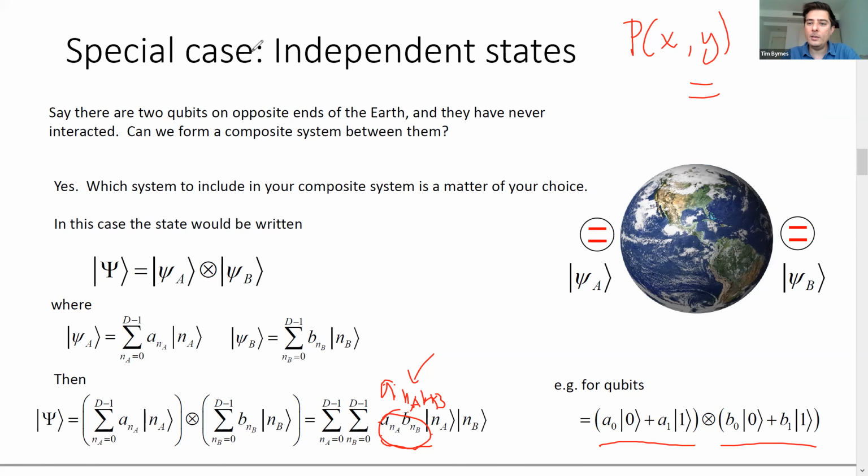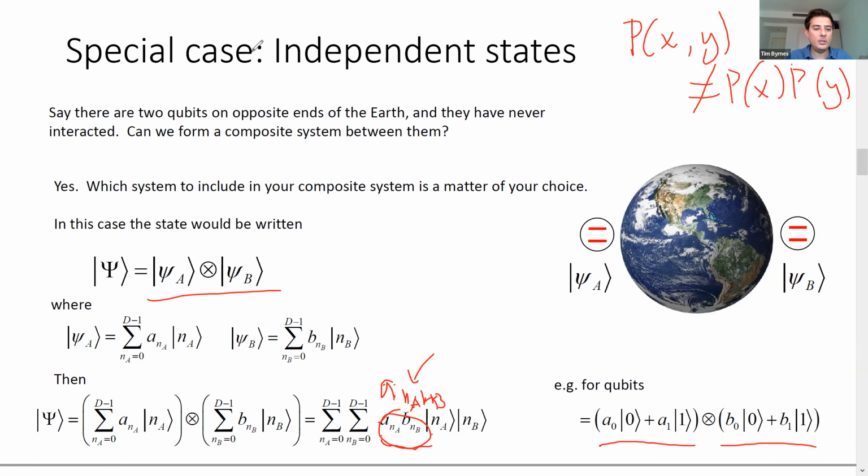But if you have an independent set of variables, then the probabilities appear as this product. In quantum mechanics, it looks very much the same. This tensor product structure to the quantum state is just like how you have independent probability distributions.